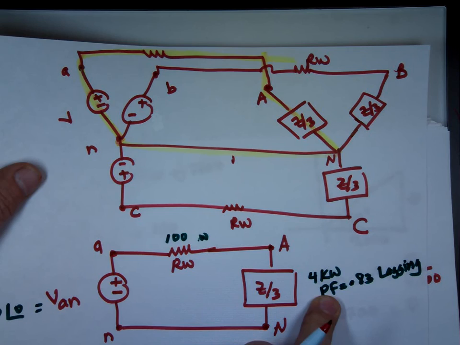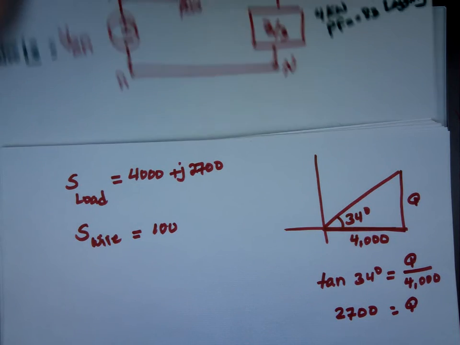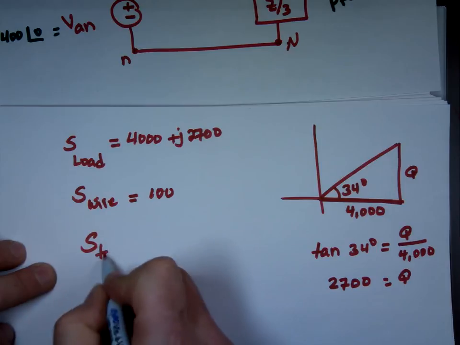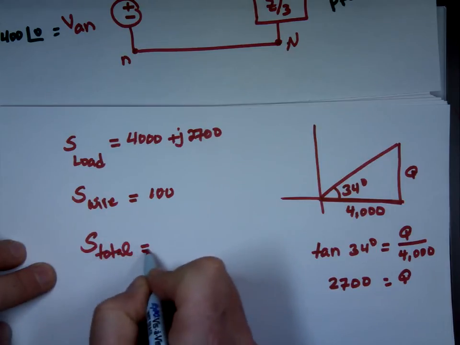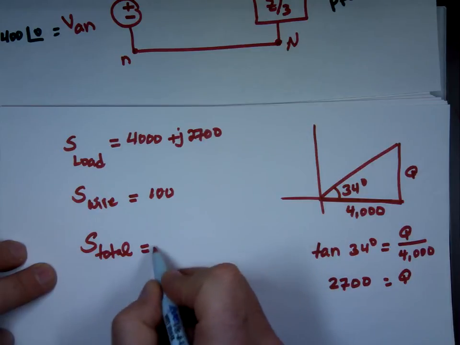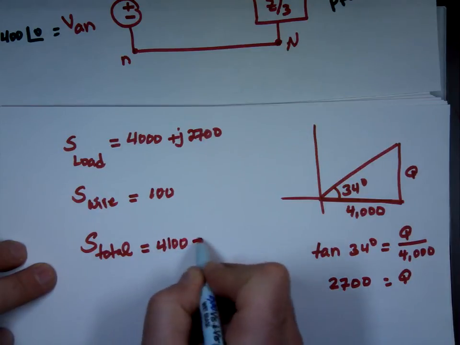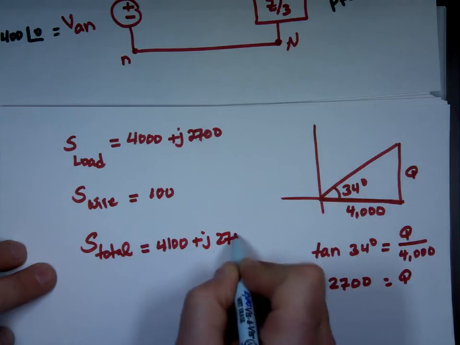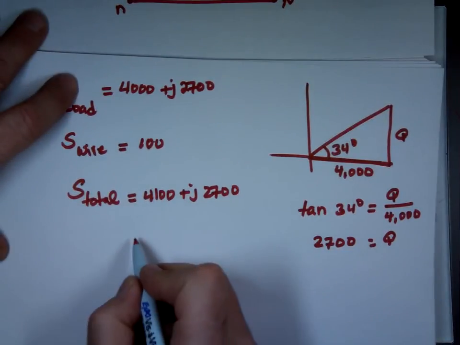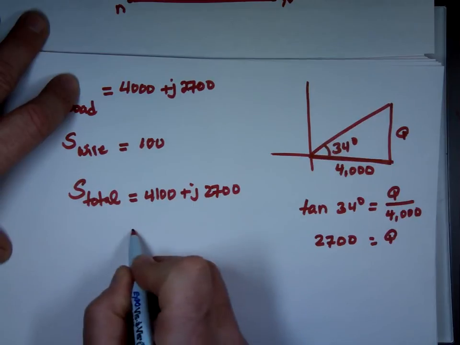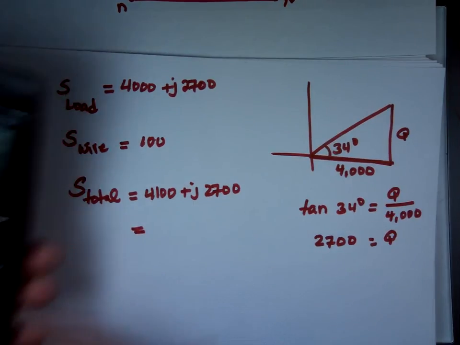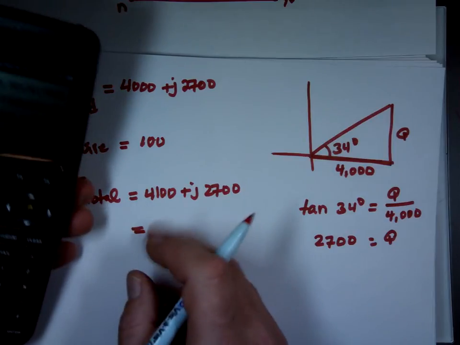So now we add them. What is S total here? It's 4,100 plus j 2,700, which we can get the magnitude of. The magnitude of that is going to be what? 4,100.